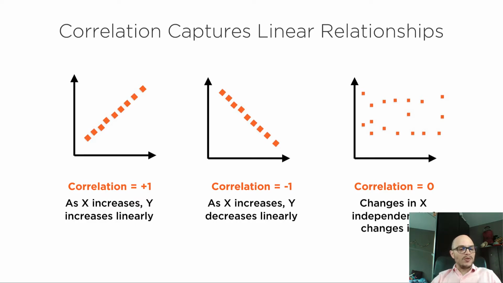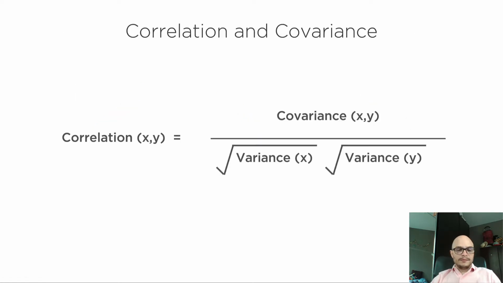We've spoken of the correlation as a normalized representation of the covariance, and here is the mathematical formula for it. In the real world, you may never use this mathematical formula directly, but it's important you understand how they are linked. And finally, one last detail to remember about covariance and correlation: independent variables have zero covariance and zero correlation.